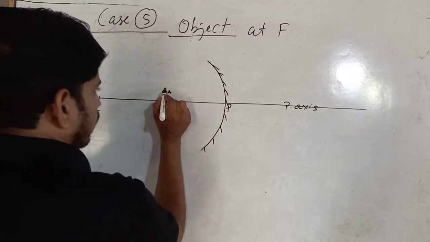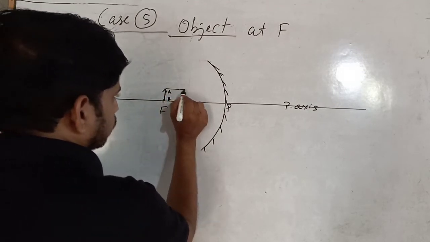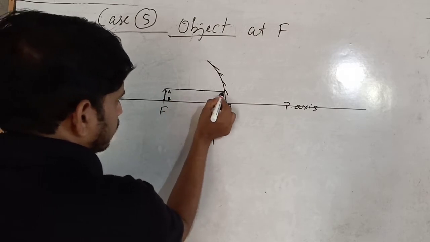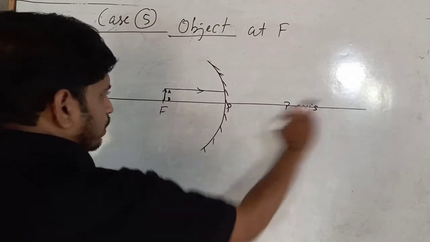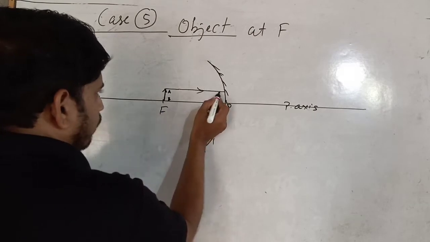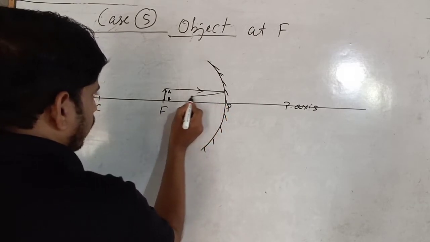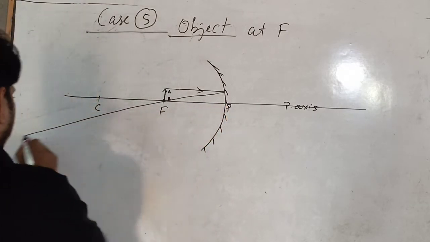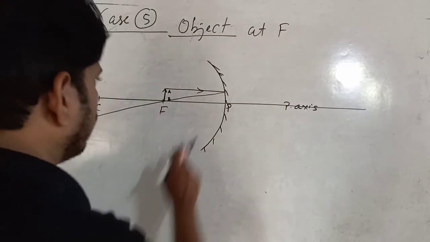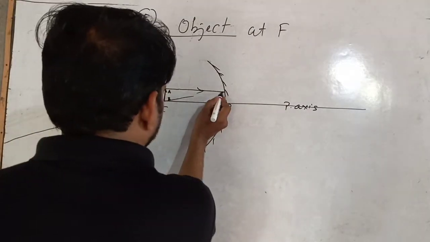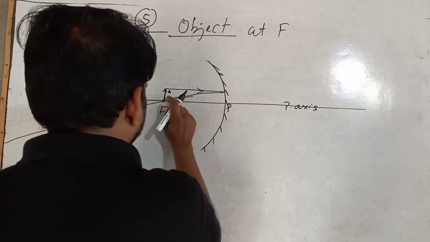Same case, take a parallel ray. Take a ray that is coming parallel to the principal axis. After reflection, it will intersect this.